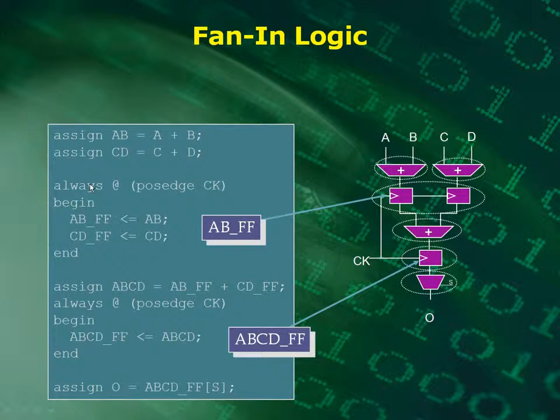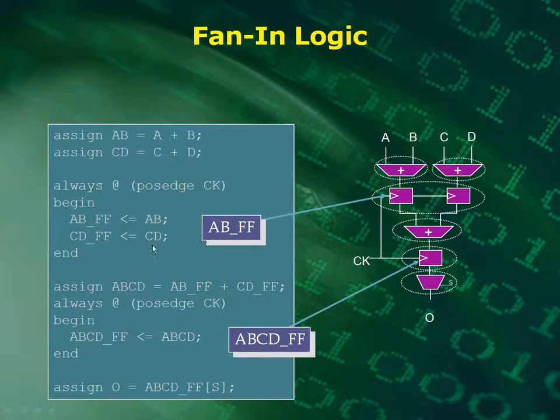And here we've made an always block that has 2 flip-flop inferences in it, because we've used non-blocking assignments with this type of structure, which says that we're going to generate RTL code. The AB flip-flop, that would be this one, equals AB, which is our assignment we made up here.